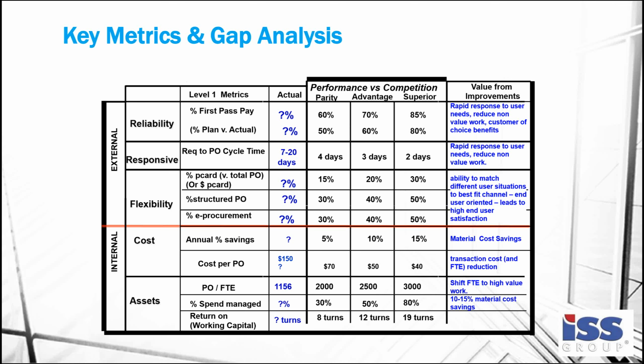I've seen people start out at 1 or 2 turns a year and go to 12 turns a year by increasing the velocity of their maintenance inventory, for example. So this is a good way to get started, to find your metrics, put them in here. Kind of shows you where you're at and where you need to go and how far you have to go. Next slide.